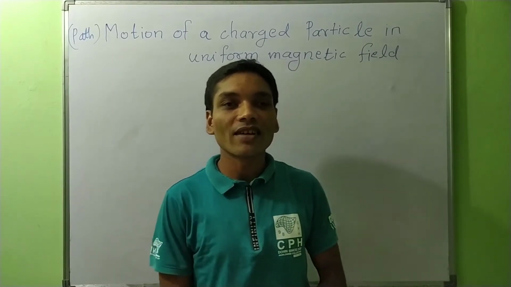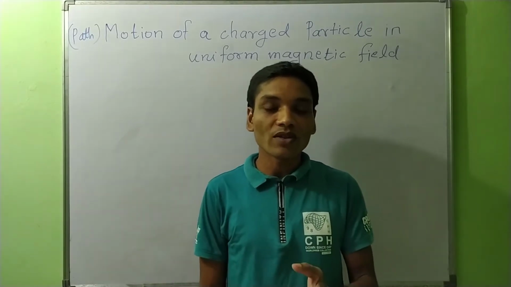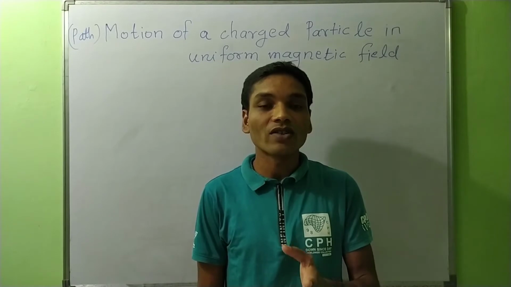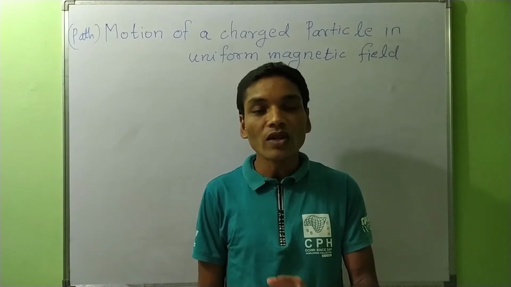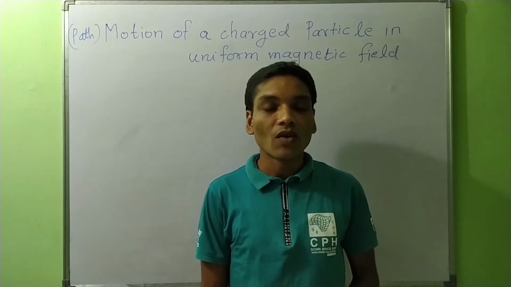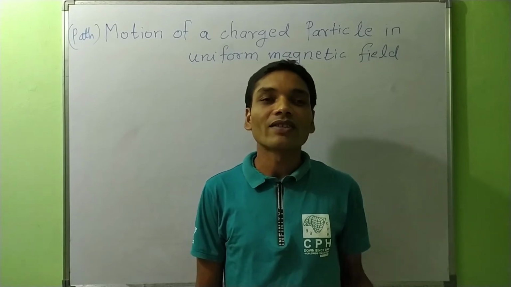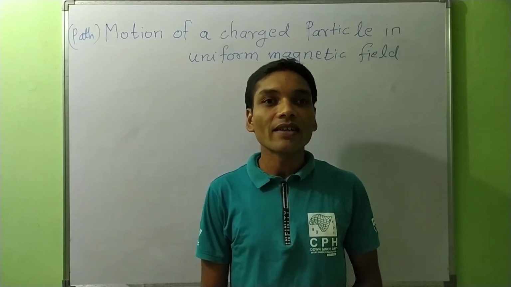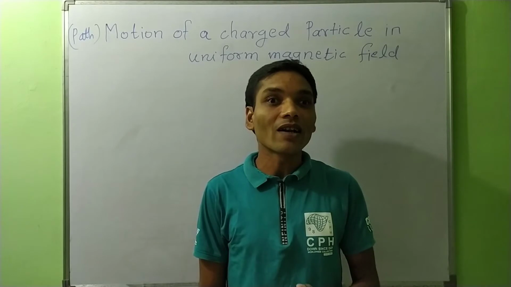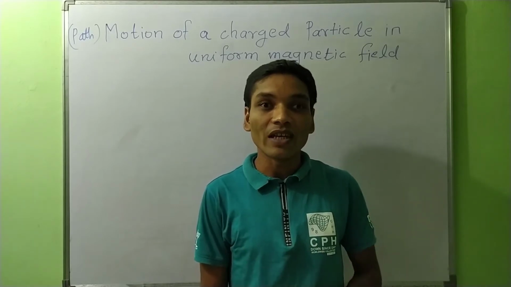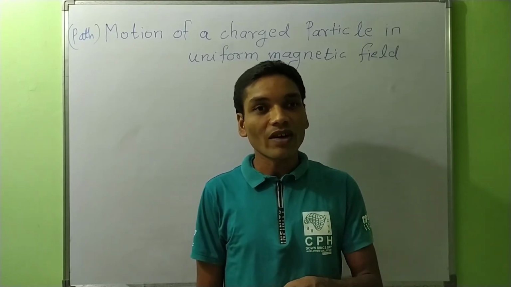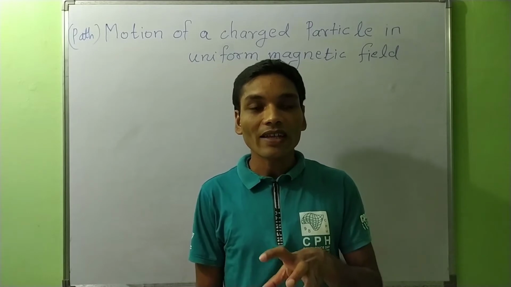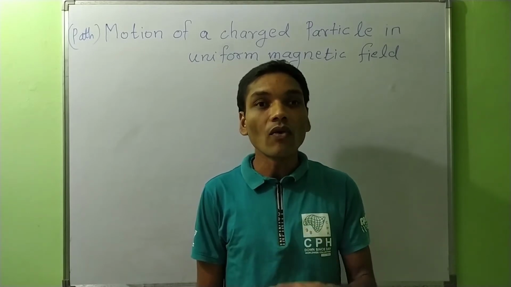Students, in this lecture we will study about the motion or the path of a charged particle in a uniform magnetic field. In the previous lecture we had studied that if any charged particle moves in the magnetic field, then that charged particle experiences a force.